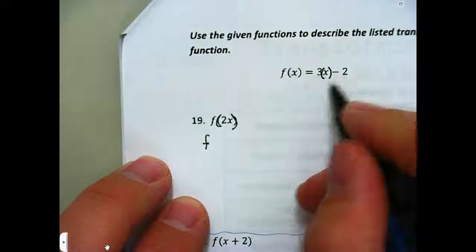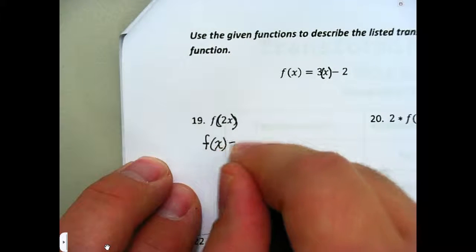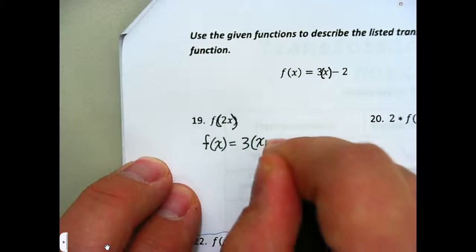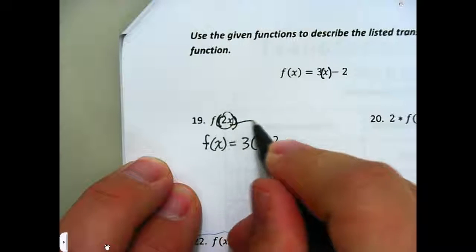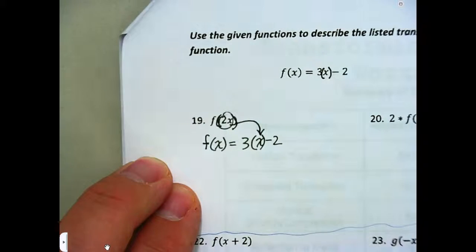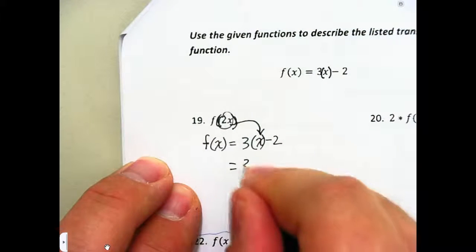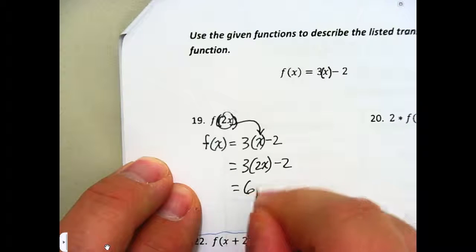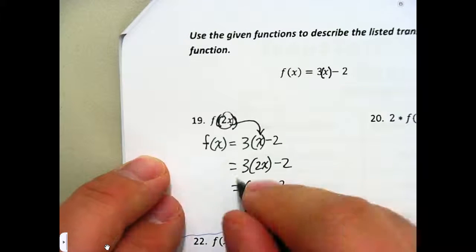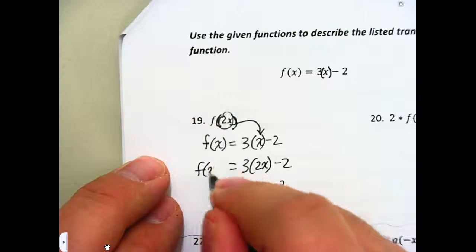That means when I take my original f of x equals 3 times x minus 2, what's in parentheses goes in parentheses. So I get 3 times 2x minus 2, which is 6x minus 2. That is f of 2x.